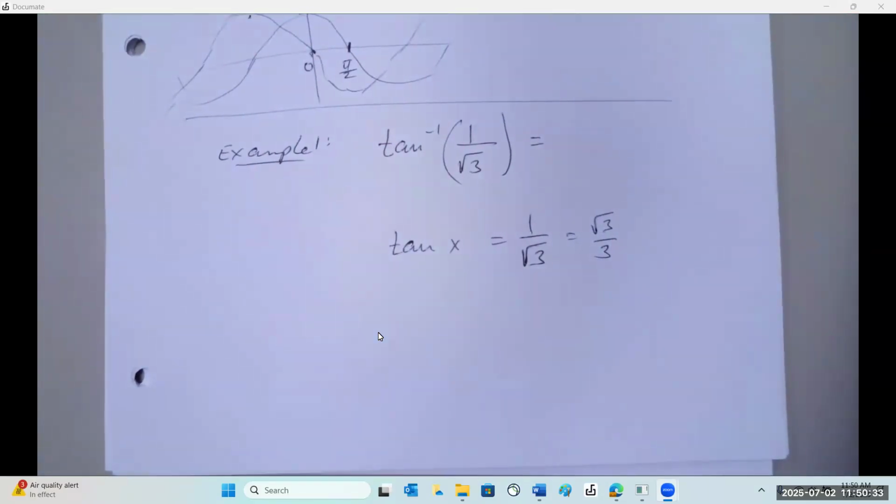Where are your cheat sheets, our trig identity sheets?